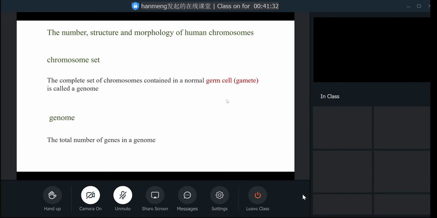We human beings have two chromosome sets. And in a chromosome set in the human being, how many chromosomes? Do you know? In a normal germ cell, it is a gamete. It is 23 chromosomes in a chromosome set in human beings.